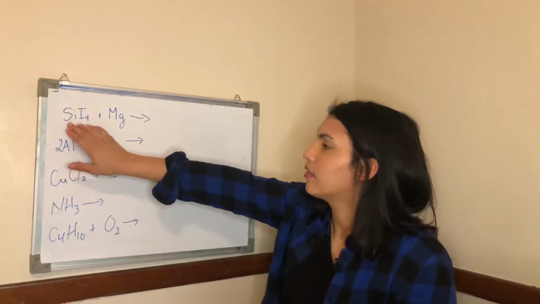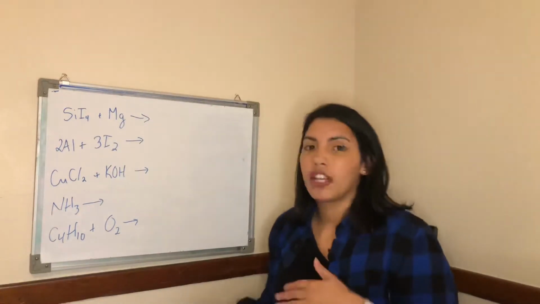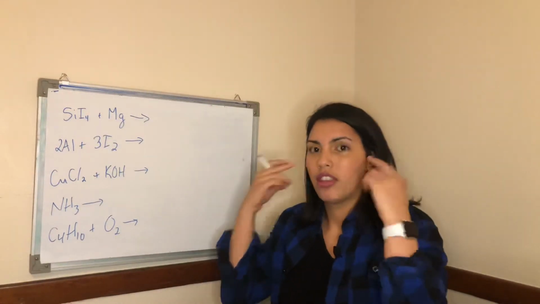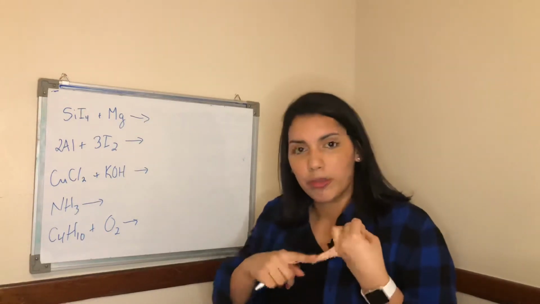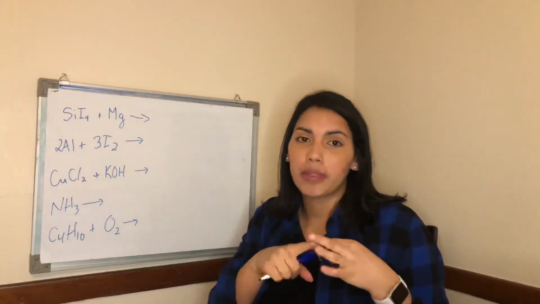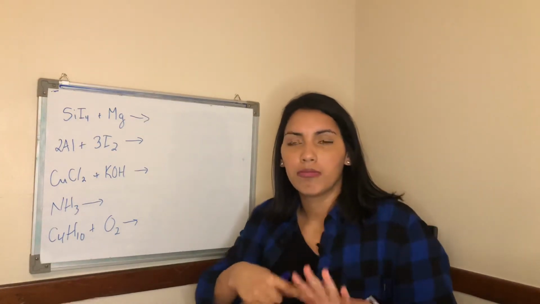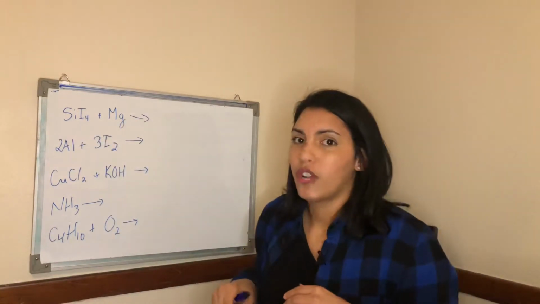So I have SiI4 plus Mg. So we're going to try and think of the list that we made before. So our options are single replacement, combustion, double replacement, decomposition, and synthesis. Those are the 5 that we have. So what category does this fall under?